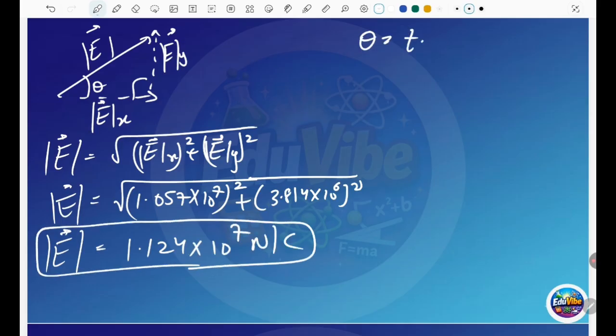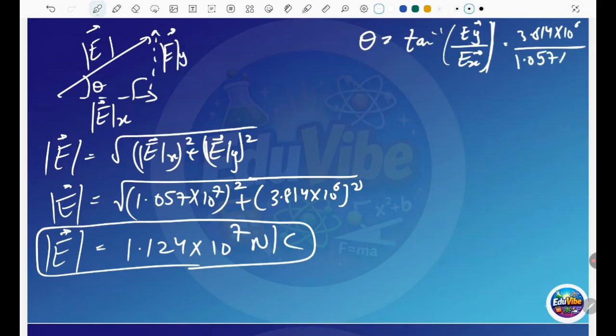And for theta, tan inverse of EY over EX. So EY is about 3.814 into 10 raised to power 6, and this is 1.057 into 10 raised to power 7. When you solve this, you get about 19.8 degrees, and this is north of east.